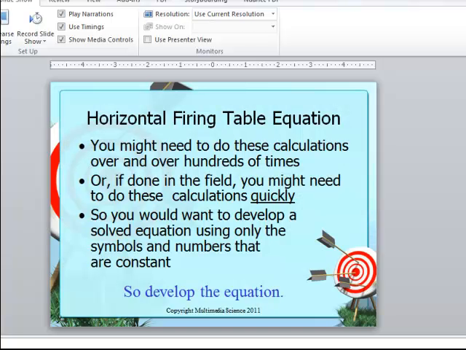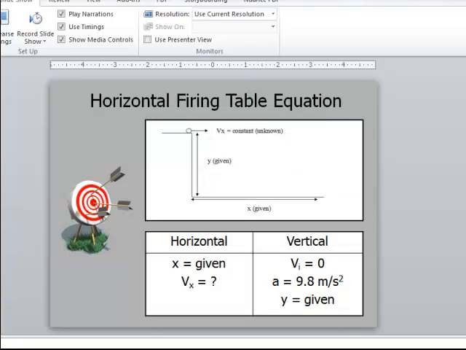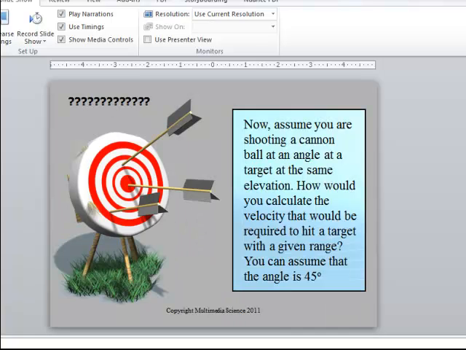And then we wanted to develop some kind of equation, as we talked about before, that would take the place of the firing table. So how would you calculate the velocity that would be required to hit a target with a given range if you assume the angle is 45 degrees?